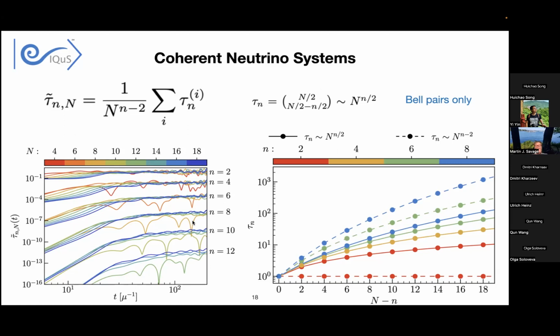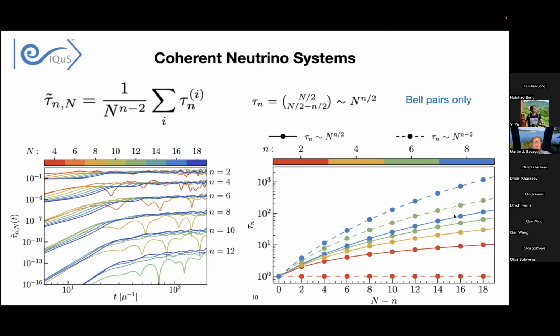And if you ask then, what does this mean? If you were to take the neutrino system and put them together in bell pairs in all possible ways, and ask what is the entangle in that system, then it is parametrically less than the entangle that we were actually computing in the neutrino sector, which tells you that there's actually multi-neutrino entanglement beyond just 2 neutrino entanglement in these systems.